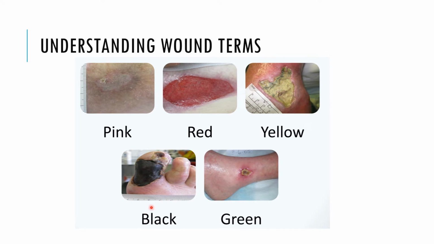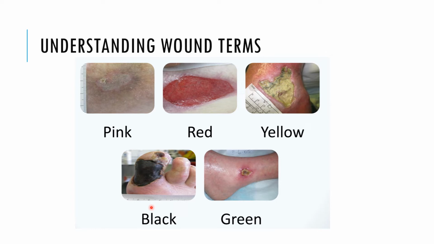And the next one is the black. So black is called a necrotic tissue and also termed an eschar. It is easily identified as black or dark brown in color. It could be dry or moist and present as a thick and sometimes leathery necrotic tissue. It is cast off from the surface of the wound.